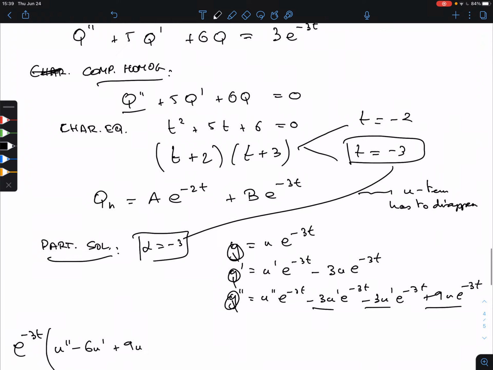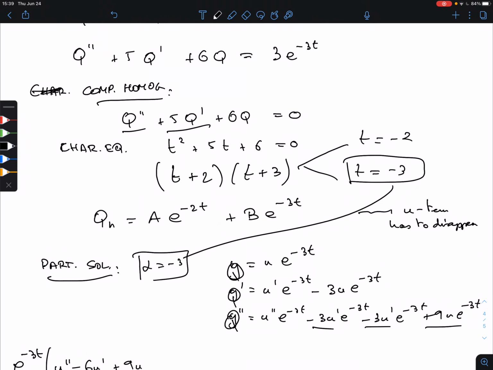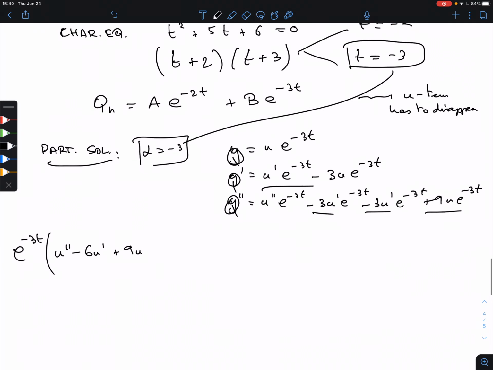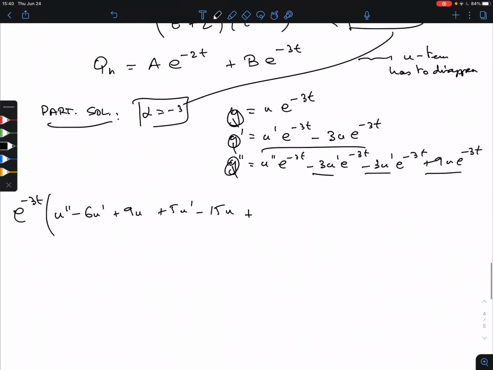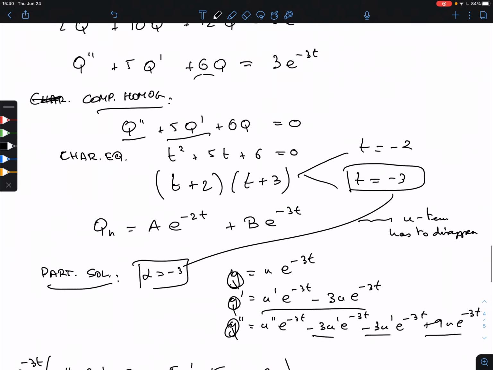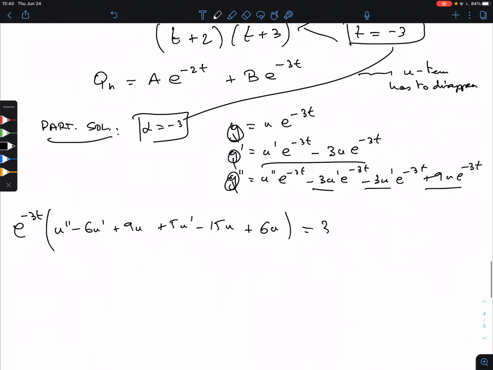That's the contribution of q double prime. Now from q prime we have 5 times these two terms, so plus 5u prime minus 15u, and then we have 6 times q, which is just 6u. And that should be equal to 3e to the minus 3t. Great.